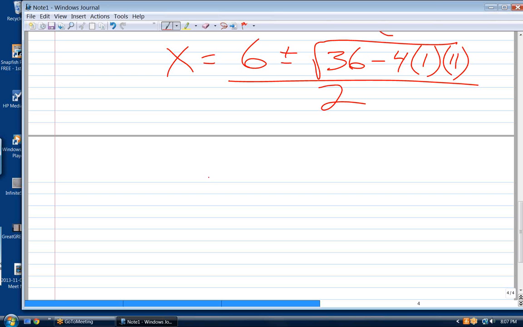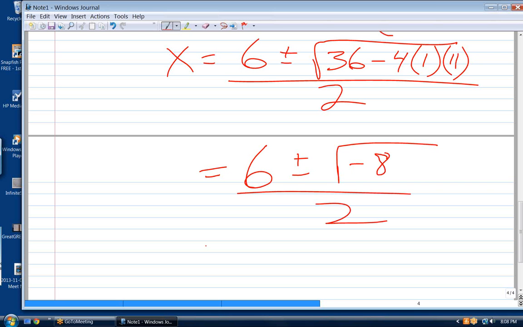So let's simplify this. Negative 8. And let's simplify that more. What's the square root of negative 8 simplified to? i root 2.